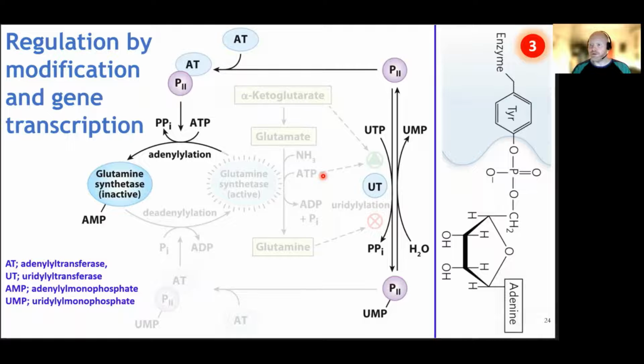This enzyme, in turn, is regulated by binding of P2 protein. The P2 protein is, in turn, regulated by uridylyl modification. This is done by, and you guessed it, uridylyl transferase, marked UT in the schematic.